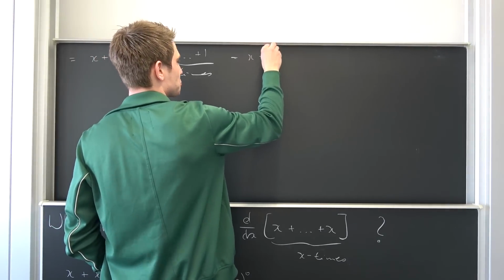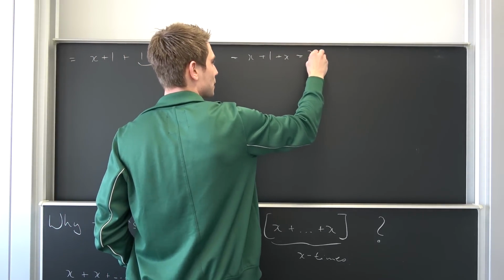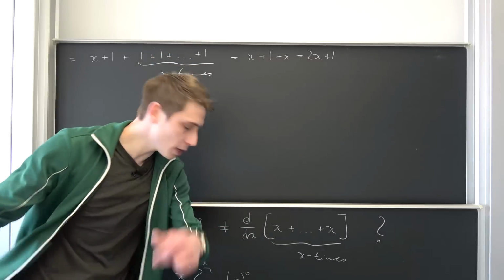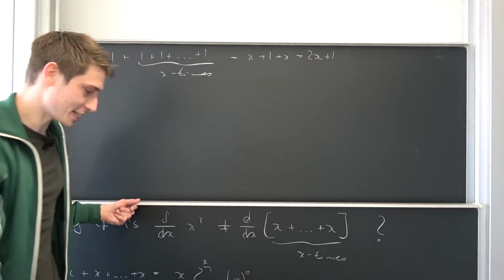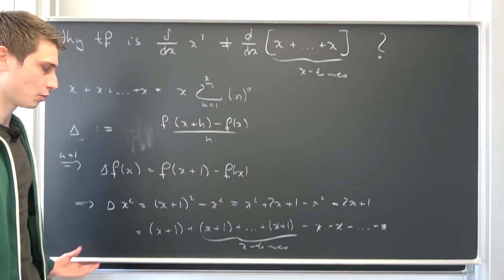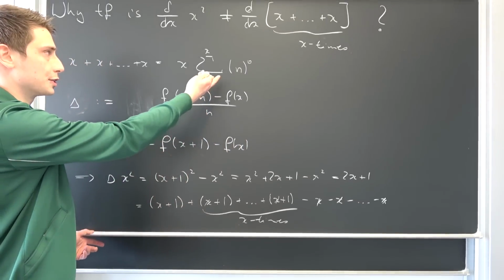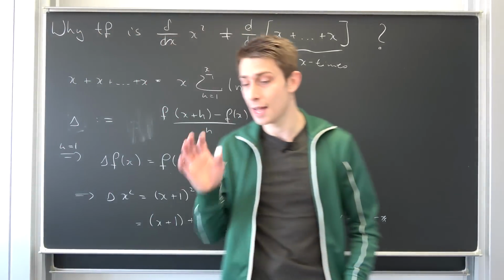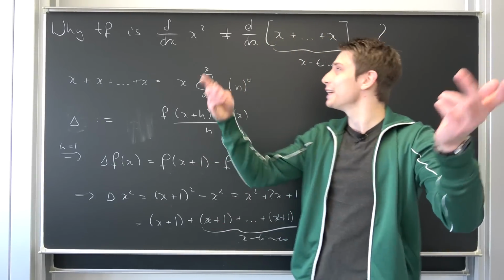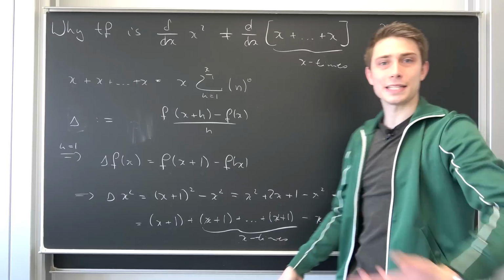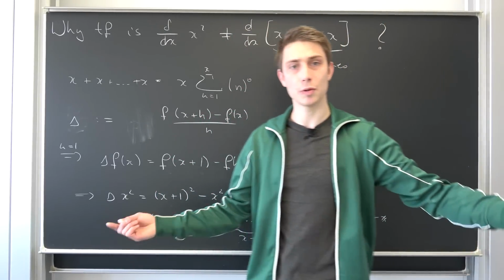Exactly, so this is x plus 1 plus x, which is nothing but 2 times x plus 1. And voila! This actually does work out. So our finite difference formula works out for a discrete variable x right here. But like I said, if you deal with differentials, we are dealing with continuous stuff. And that's what we are going to do next.